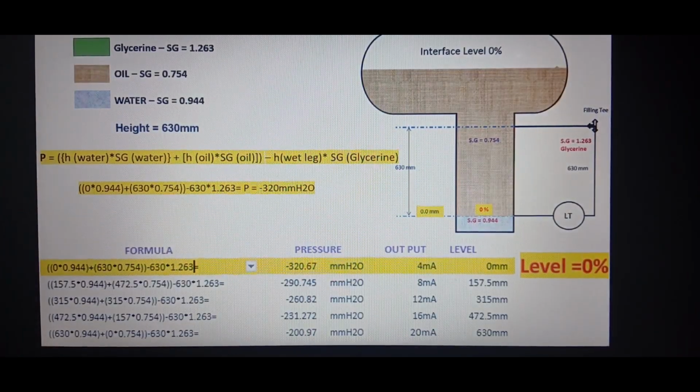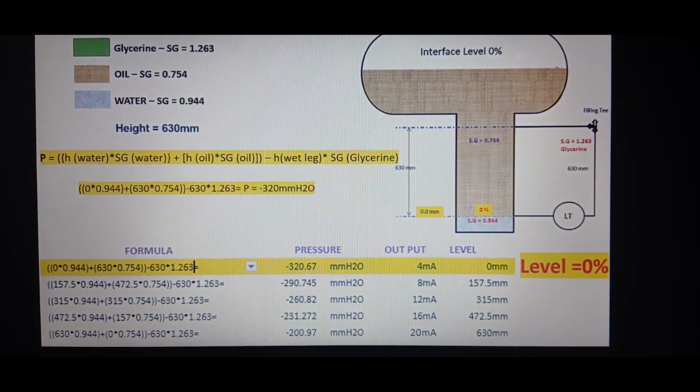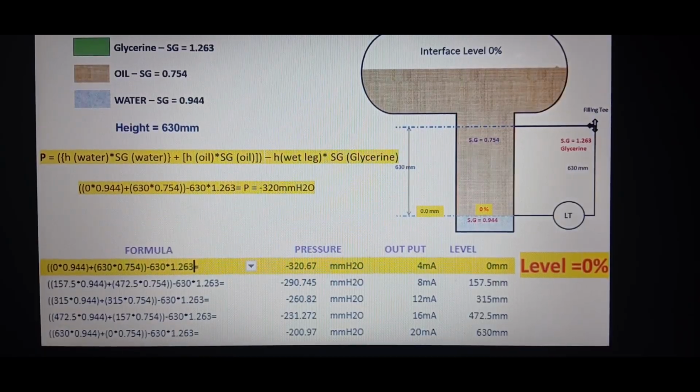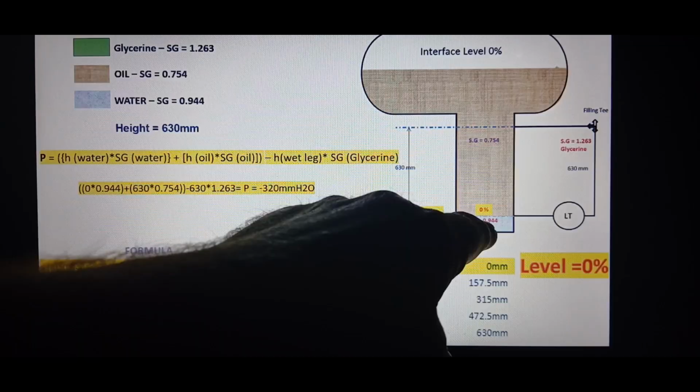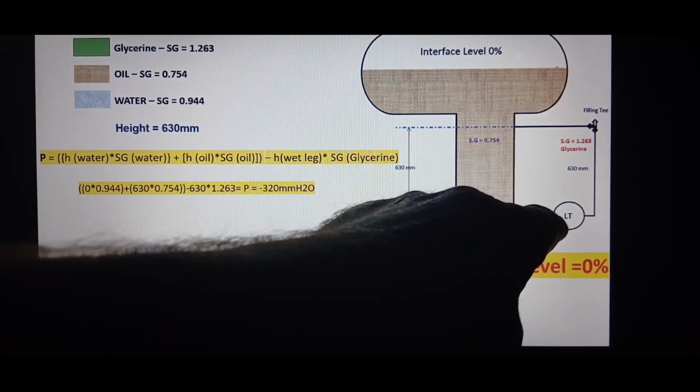And this one over here, we've made a greenish color, which is the glycerine. So this is our wet leg, which doesn't change. It's always filled with a constant solution, and that we have to take into consideration. So the leg that will be changing will be this one, and we will be looking at this differential pressure that is formed here.